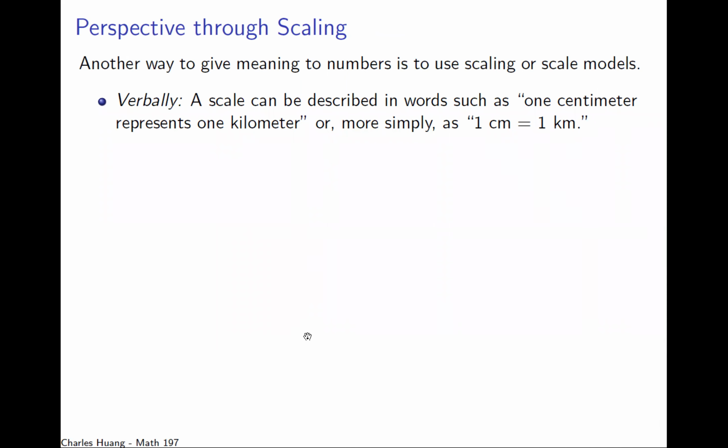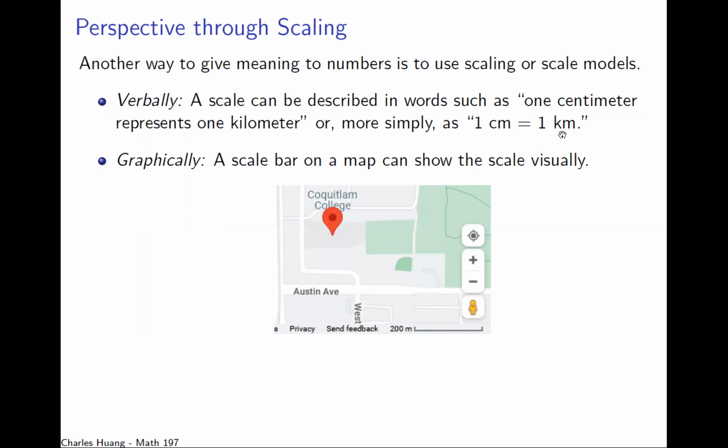Finally, we do something called scaling. We do scaling when you look at maps, when you look at models, when things are shrunk or made bigger. We can describe scale verbally and say 1 centimeter here is the same as 1 kilometer, or we can have a line on the map that is say 200 meters.